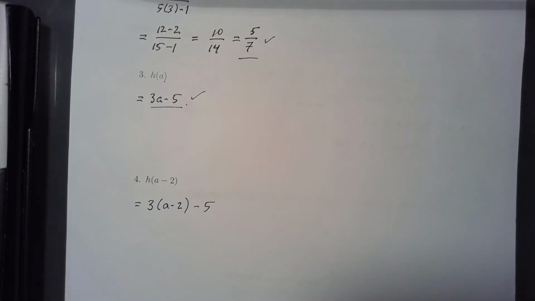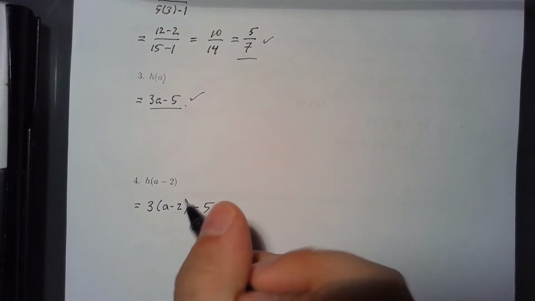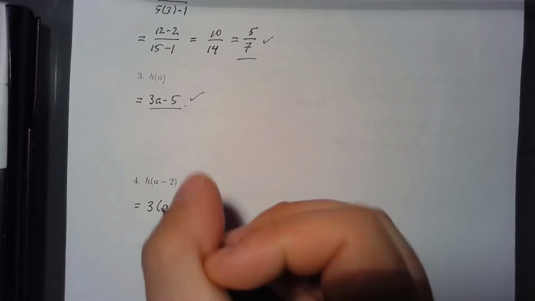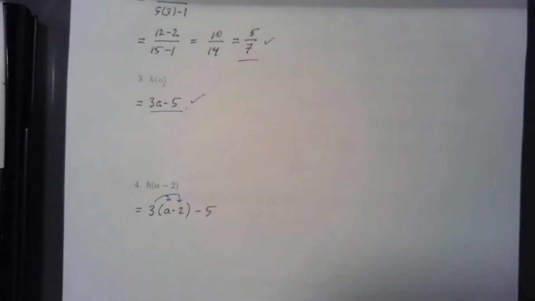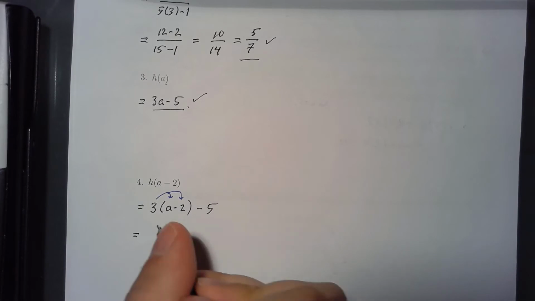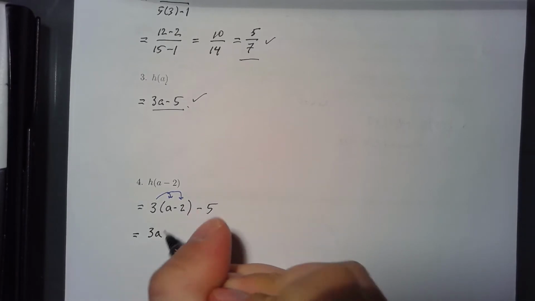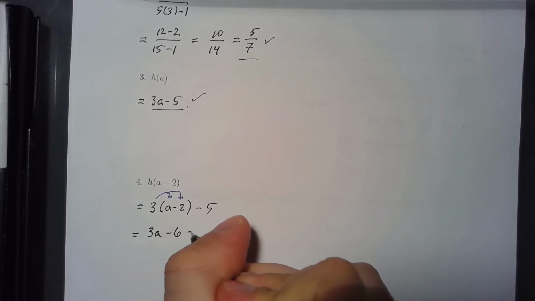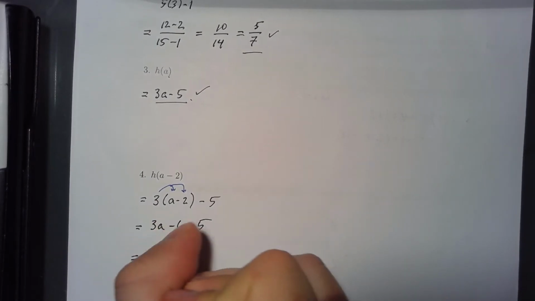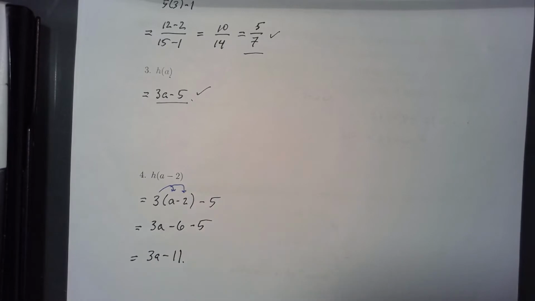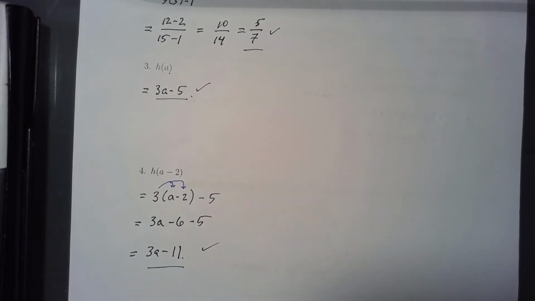All right, now evaluate. How do I evaluate here? Distribute the 3. That's all I can do. 3 times a is 3a. 3 times minus 2 is minus 6. Minus 5, I could combine the minus 6 minus 5 and get 3a minus 11. There's nothing else I could do, so that's it.